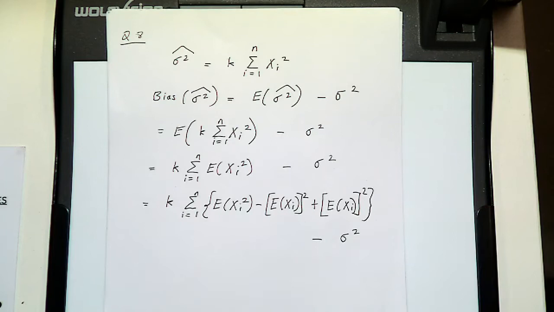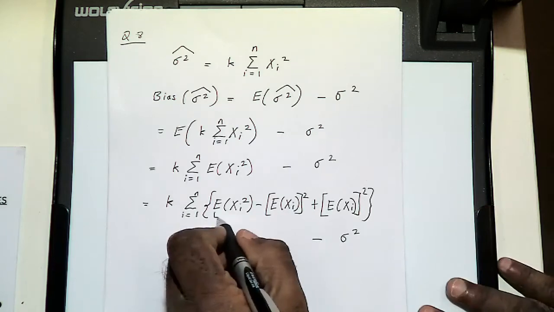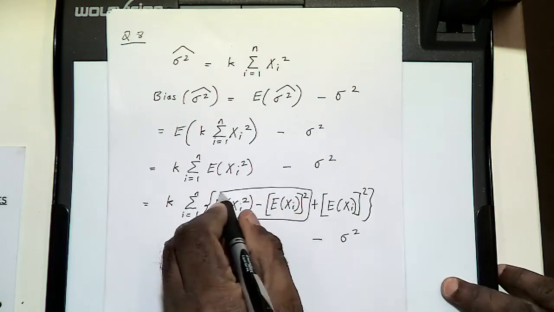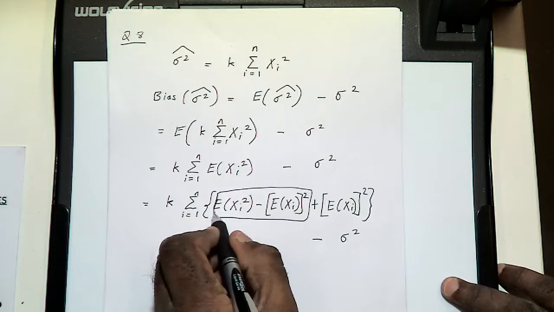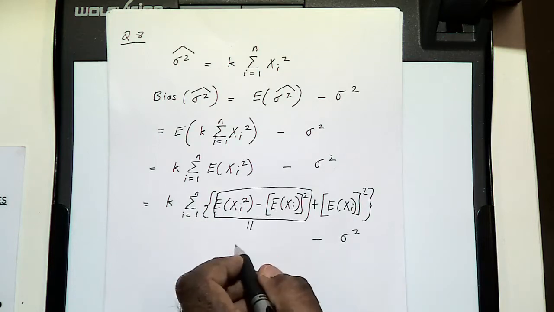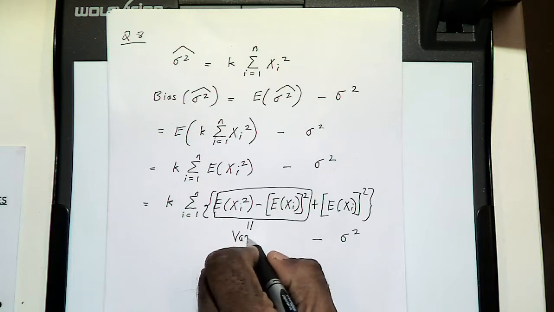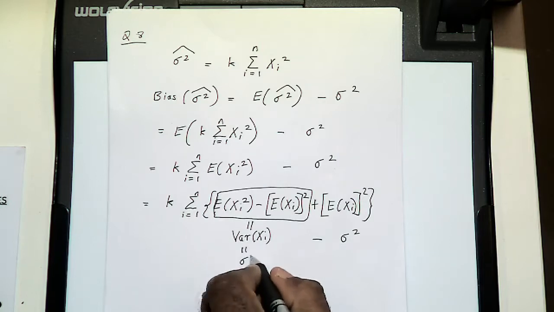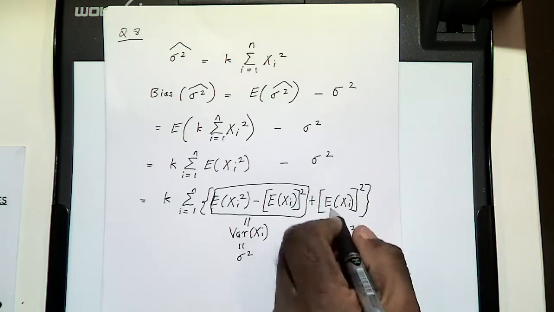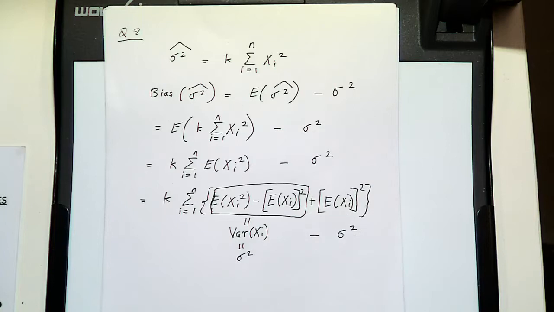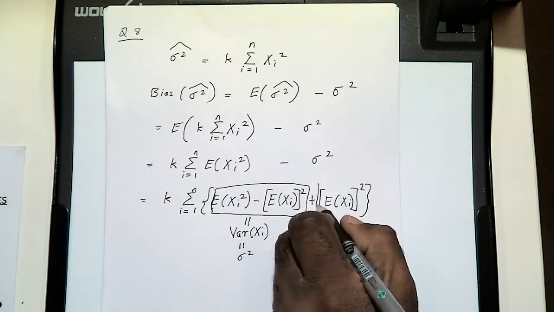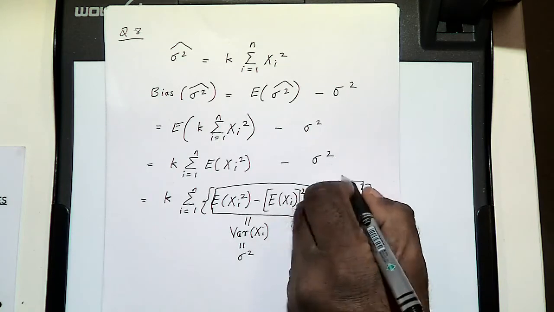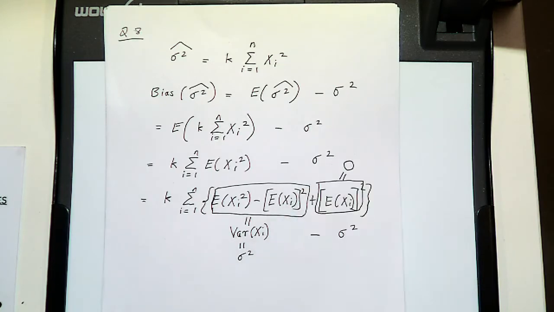Because remember, what do you know about this? This is the variance of xi, right? And we are told that the population variance is sigma squared. So this guy here is equal to sigma squared. Yeah? And the expectation of xi is the population mean, and we are told that the population mean is equal to 0. So this is equal to 0, right?